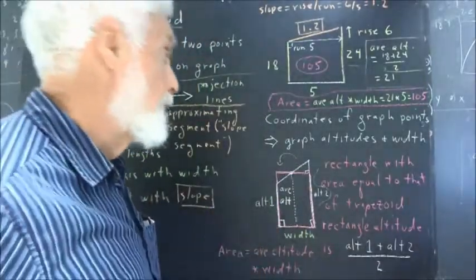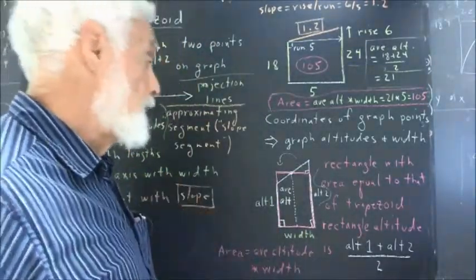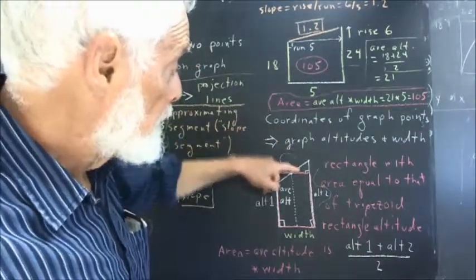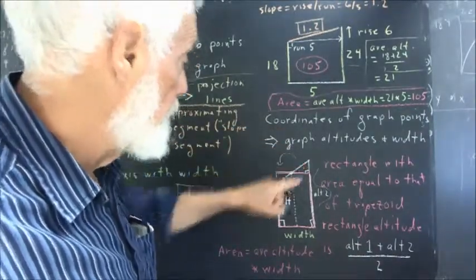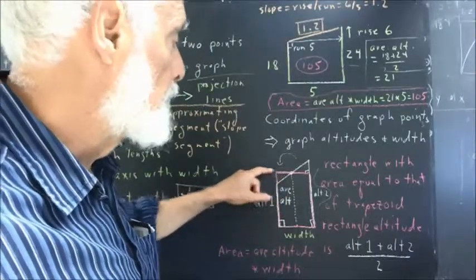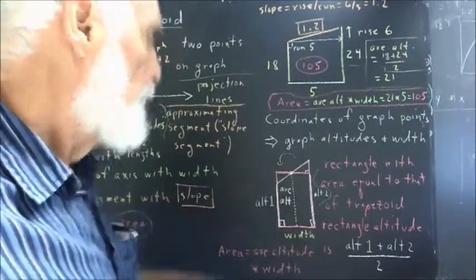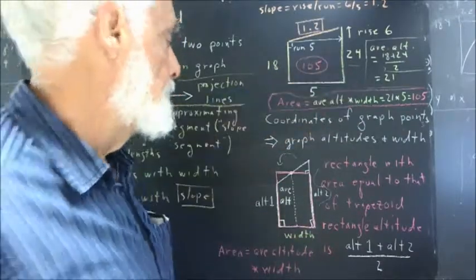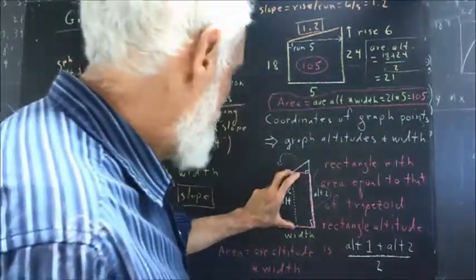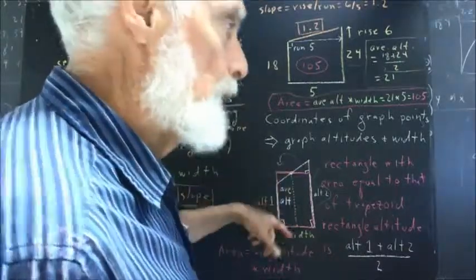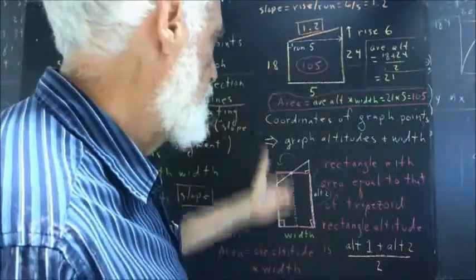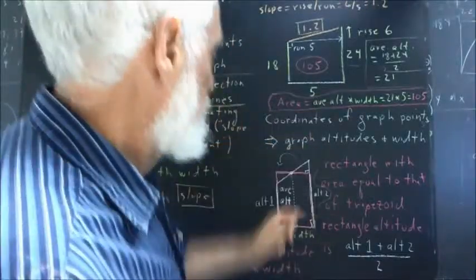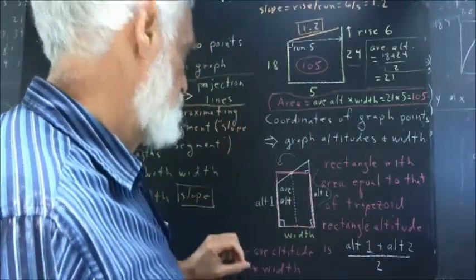Now you should be able to go through the entire geometric argument that proves that dividing this at the midpoint, first of all, gives you a triangle here, and when pasted here, that triangle completes a rectangle. The width of that rectangle, of course, is the width of your trapezoid. The average altitude, what I'll refer to as the average altitude, you can think of as the length of the rectangle, but when we're talking about graphs, we're going to use altitude for things that go in this direction.